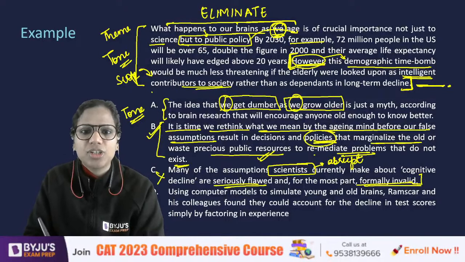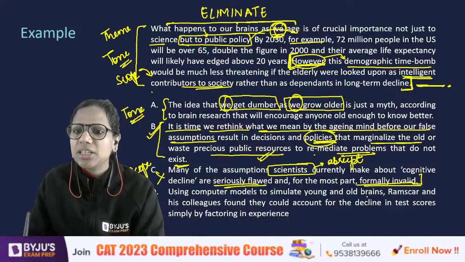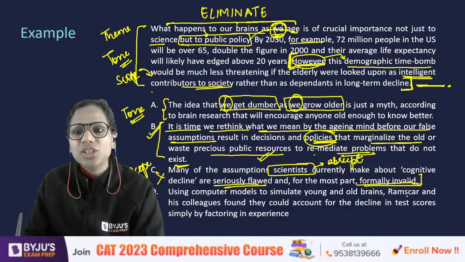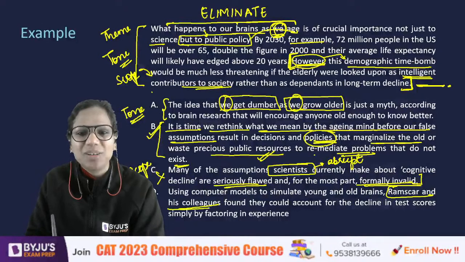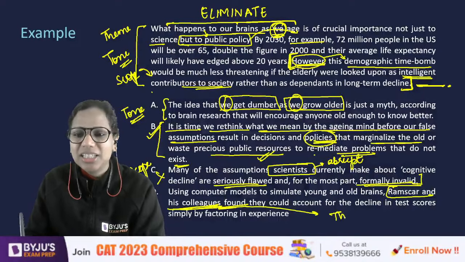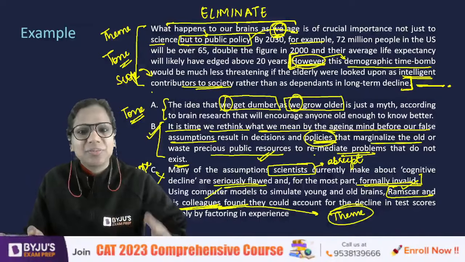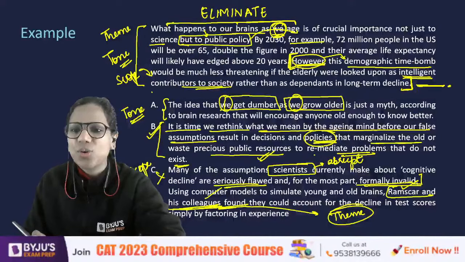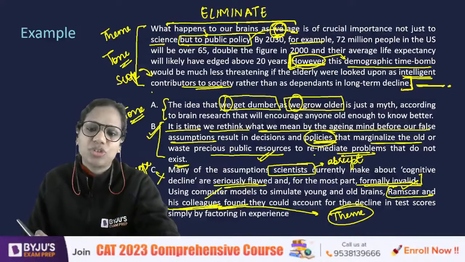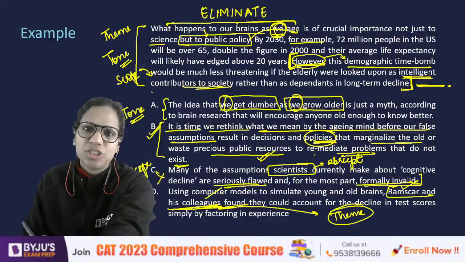So, no, does not match in terms of scope. D, using computer models to simulate young and old brains, Ramsker and his colleagues. Suddenly, Ramsker and his colleagues come into the picture. This does not even match thematically because we hadn't discussed Ramsker and his colleagues earlier. So theme, tone, scope, these are the bases on which I eliminated options here. This is how you attempt a para-completion question.